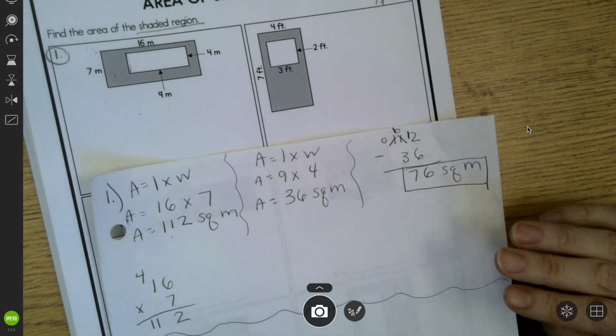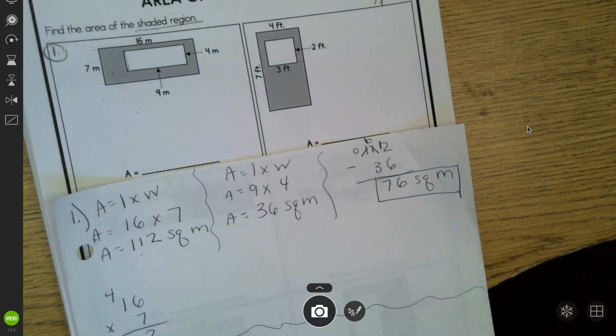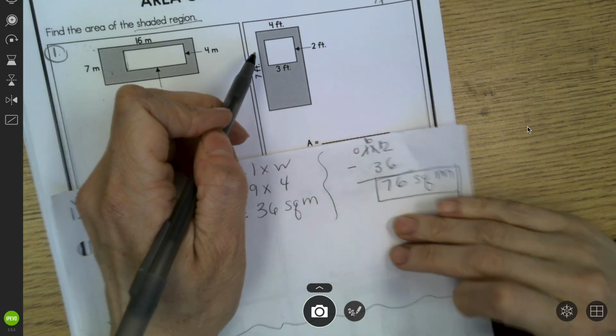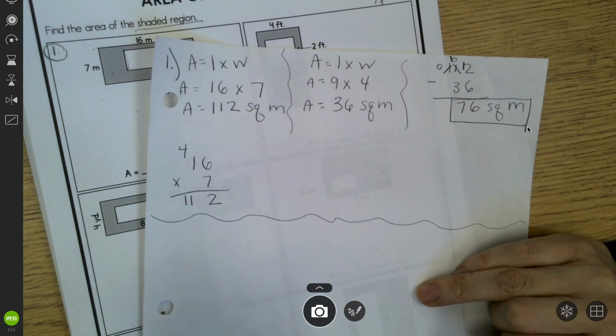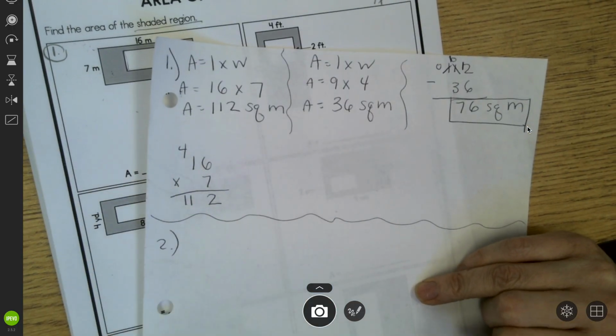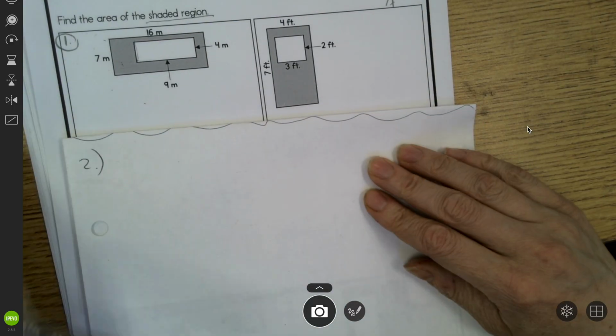We're going to work the same steps. I'm still finding the area of the shaded region. So I'm going to start with my larger rectangle. But first, I'm just going to fold this so you can see. You don't fold it, I'm just folding it so I can line this up.